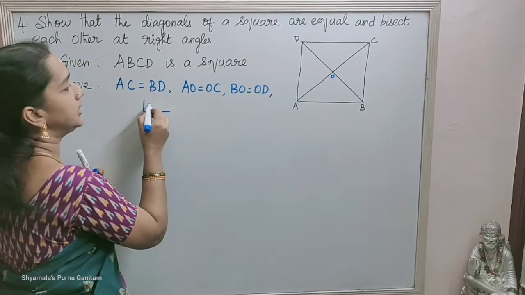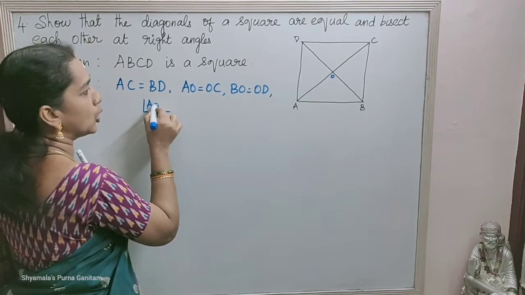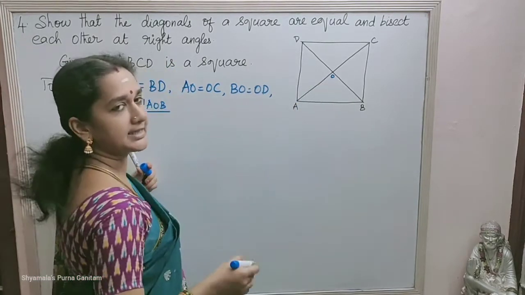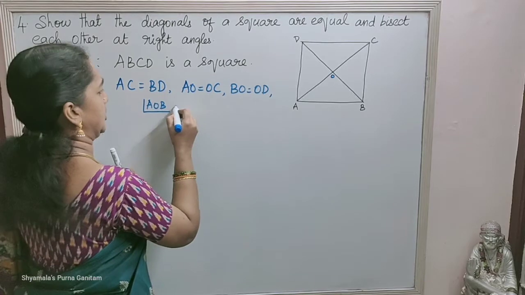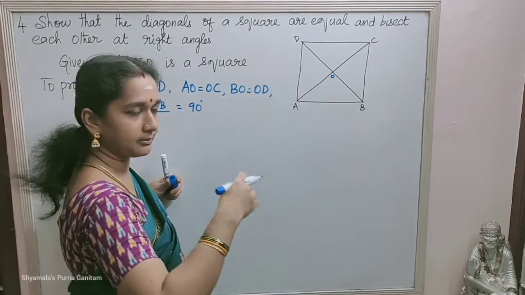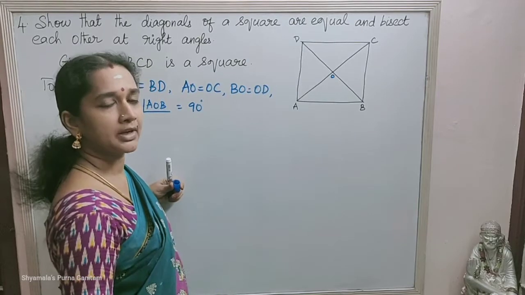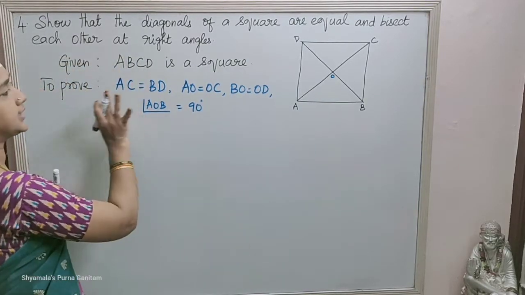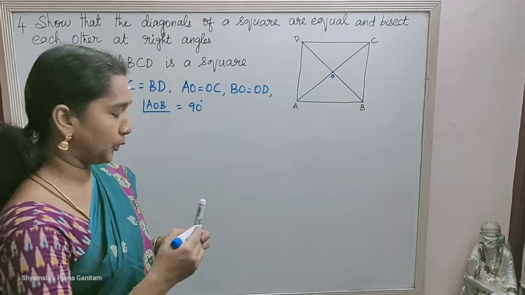So angle AOB is equal to 90 degrees. If any one is 90 degrees, all the others will also be 90 degrees. So, this is the thing we are asked to prove.